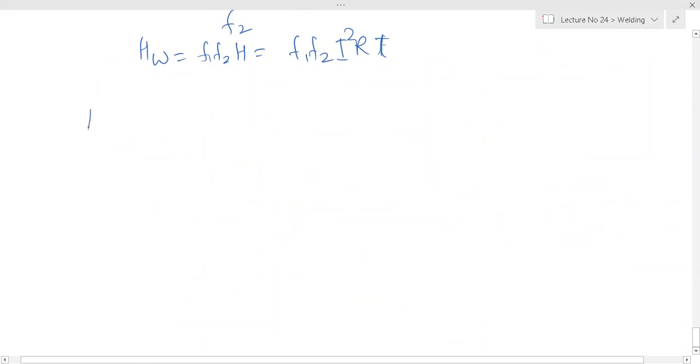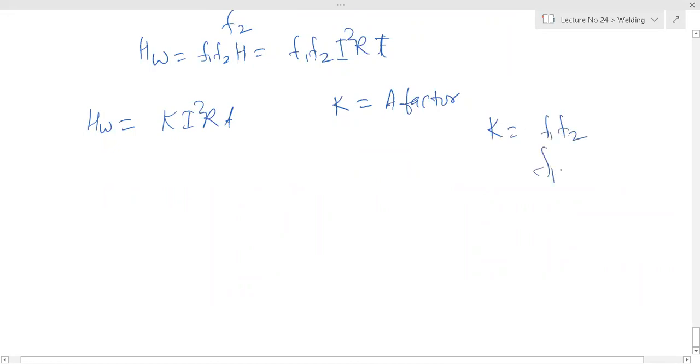So in resistance welding we can write K I square RT, where K is a constant or a factor. And that K is, in fact, equal to F1 F2. But here F1 is generally 1, so generally K is your F2. Because there will be some loss, right?